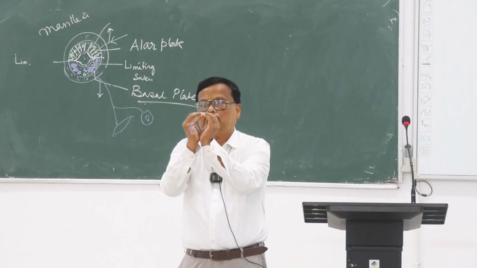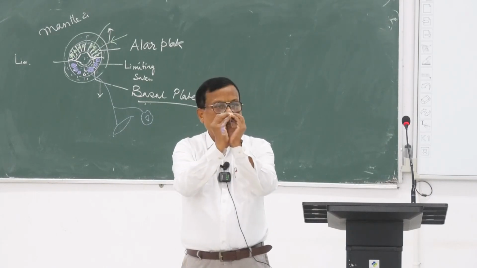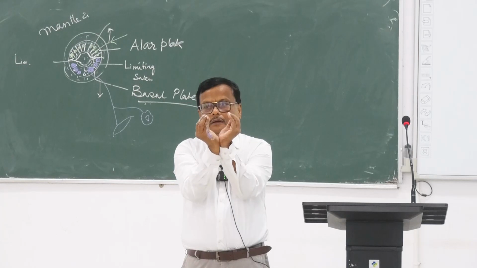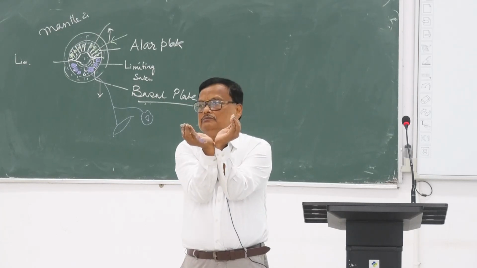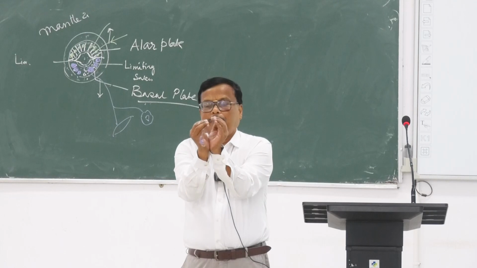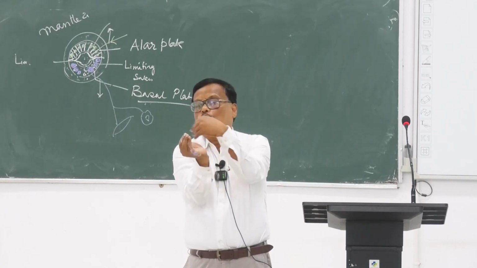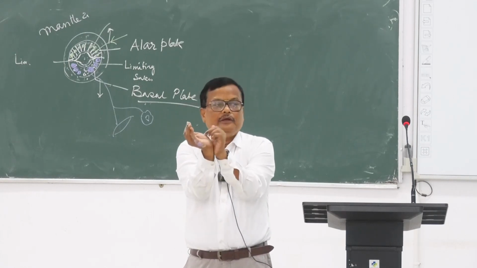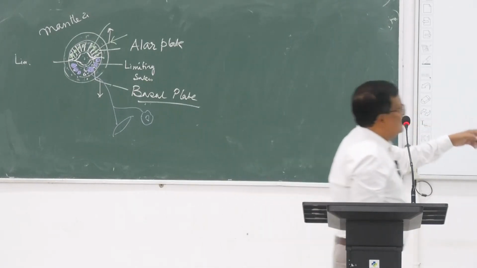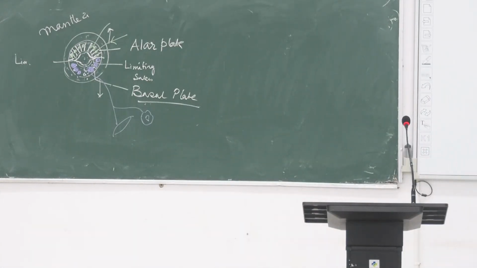Initially it is round, but later becomes like that. So the dorsal plate afferent nuclei go laterally and basal nuclei remain in the midline. These are one side. So this is the basal plate, this is the alar plate. This is the motor, this is the sensory nuclei. এখানে 3, ওখানে 4টে afferent nuclei.